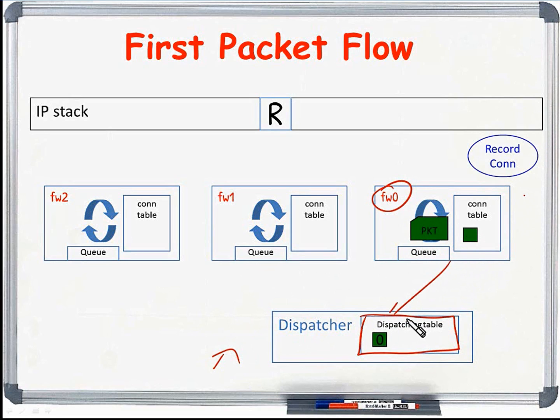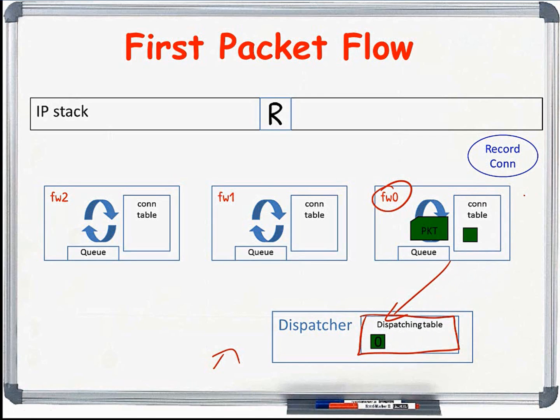Once it updates the connection table, it also will update the dispatch table about this connection. Why? Because if the packet was dropped, then it would not update the dispatch table. The packet was allowed, so the firewall worker was telling the dispatcher that it accepted the traffic and updated the dispatcher. So the next packet that comes in, the dispatcher will know what to do with it.